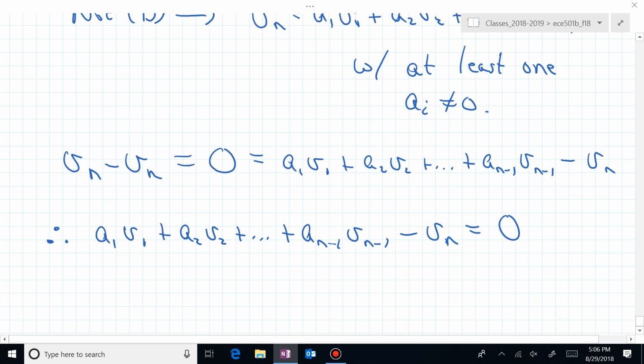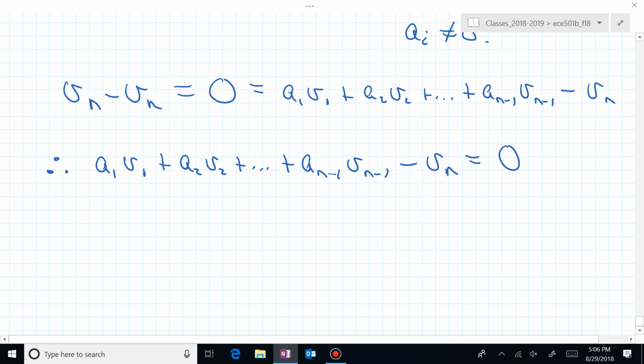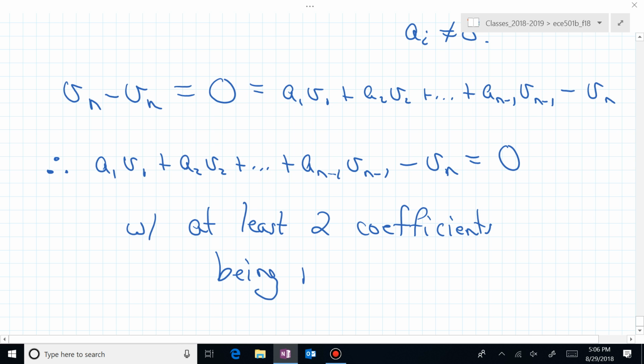And now we have hopefully demonstrated that on the left-hand side, we have at least two coefficients being non-zero. But what does this sort of mean?